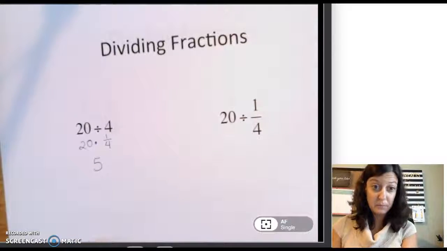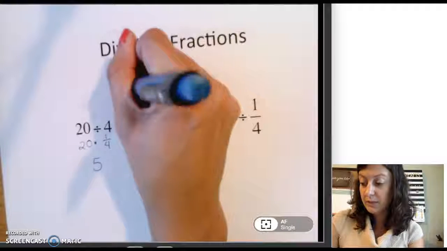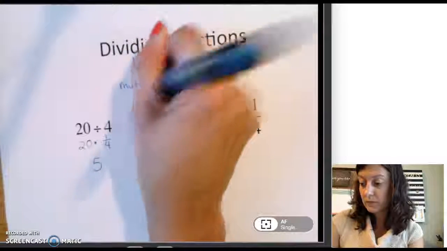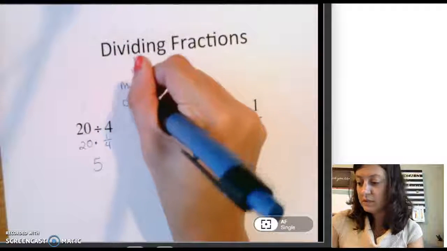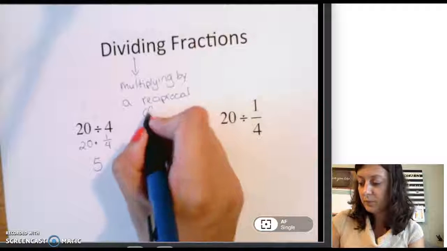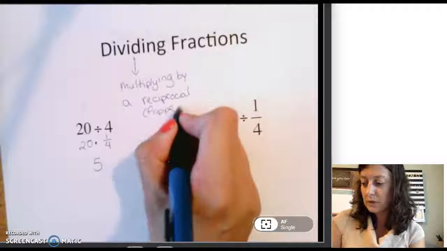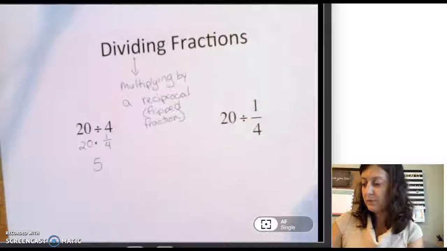Same thing. So what you're doing when you're dividing fractions, you're multiplying by a reciprocal, which is just the fancy word for a flipped fraction. Just flip it around. There we go.